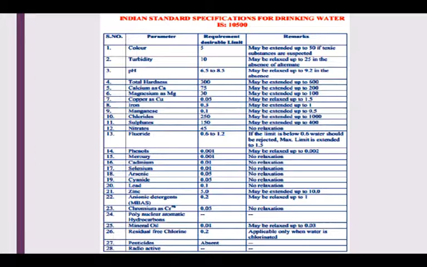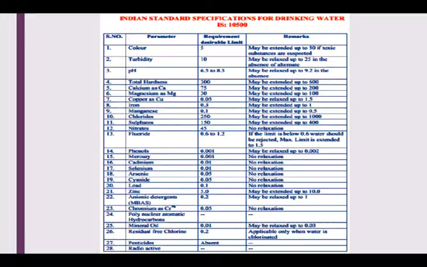A set of standards are already set, and we design or construct a particular structure based on referring to the code books. So here you can see an IS code for drinking water.